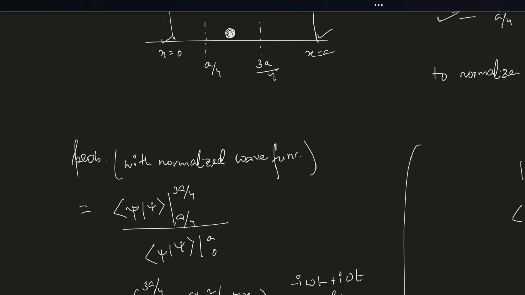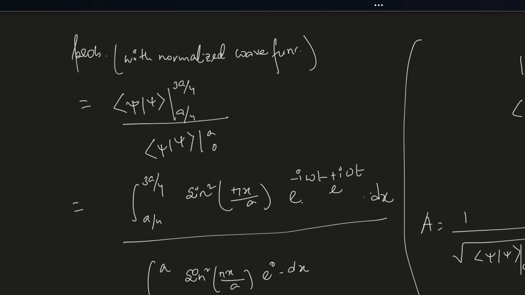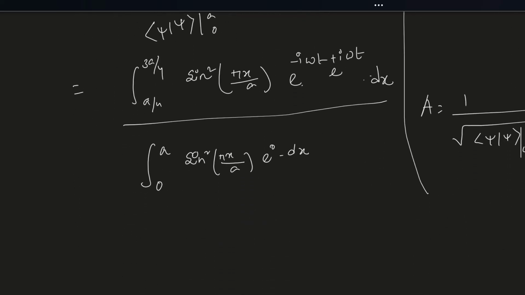Because there was psi star psi, this whole thing becomes e to the power of 0, that means 1, and does not contribute. So this is up to dx, and the bottom is the same thing, but only the range will be different, from 0 to A, full range, sine squared pi x by A dx. Okay, so then you have on the top sine squared pi x by A.